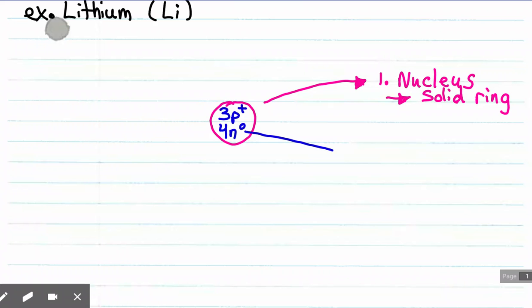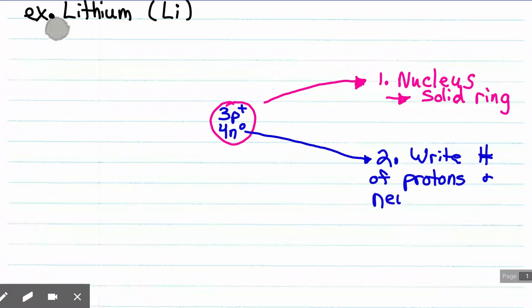So our second step for Bohr-Rutherford diagrams is to write the number of protons and neutrons in the nucleus. Remember that it is the number followed by the symbol.